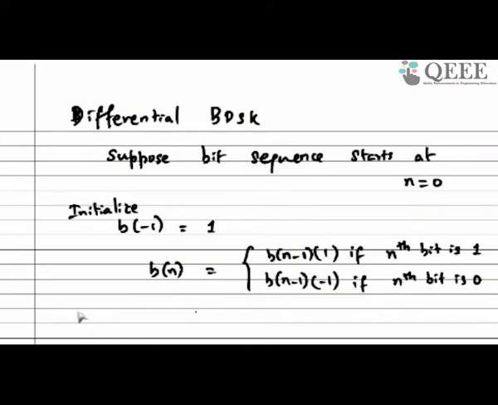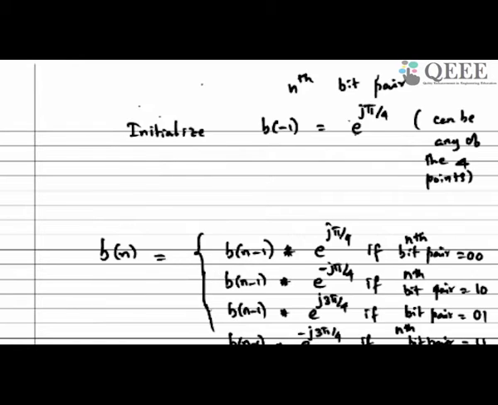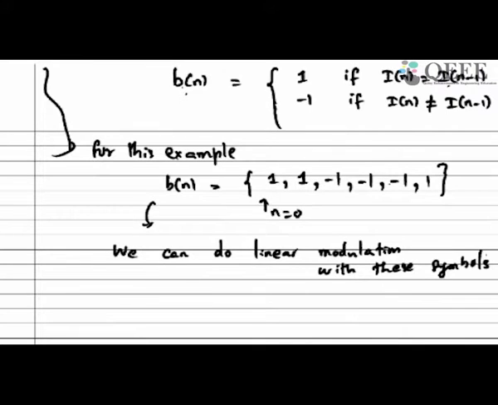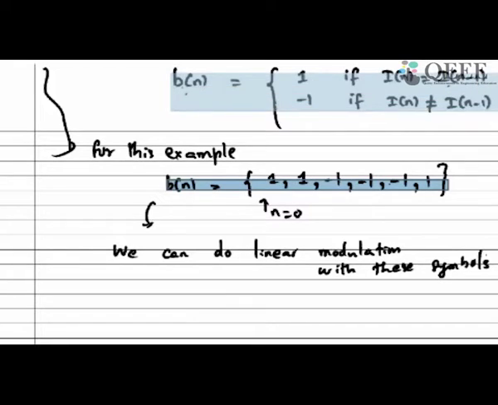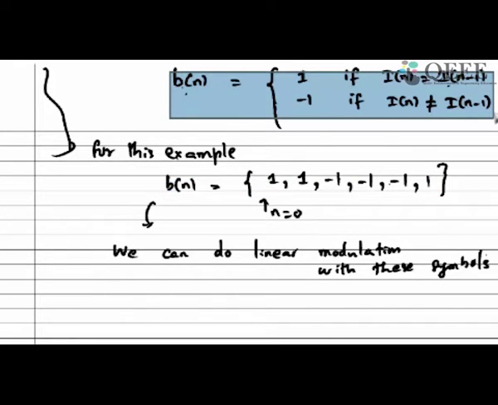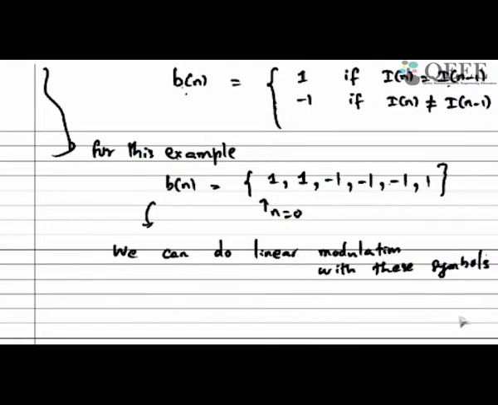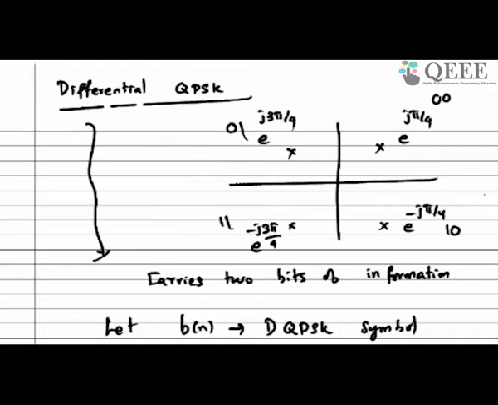So this is another way of doing the differential encoding. What I showed earlier is one way of encoding the symbol. You compare the current one and the previous one and multiply, and depending on whether they are same or different, you assign 1 or minus 1. So that is one way of thinking about differential encoding.